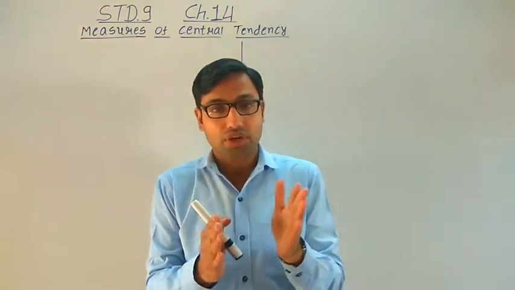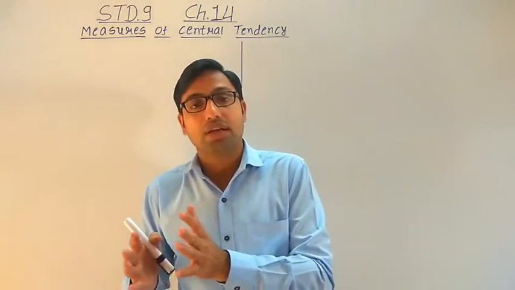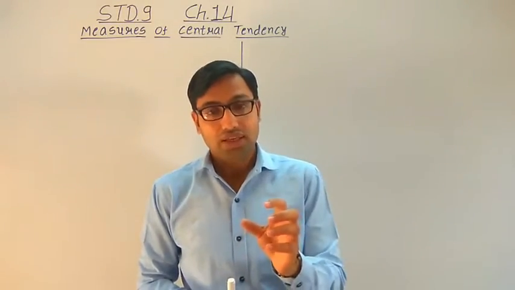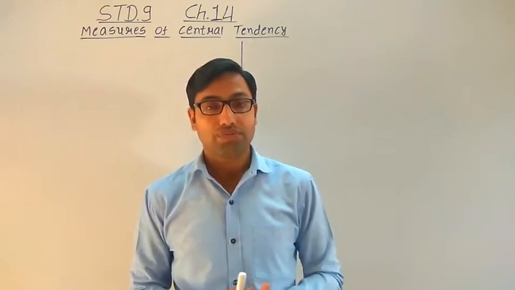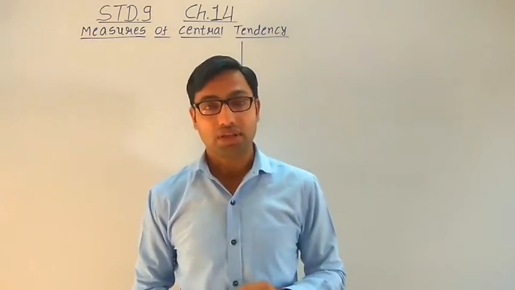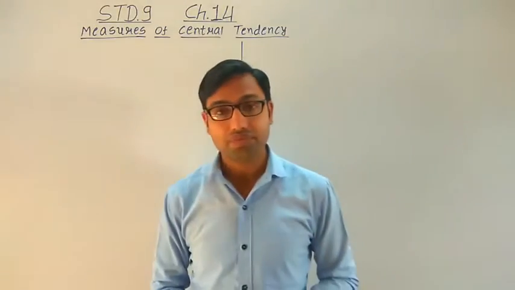In some subjects you have got marks higher than 18, and in some subjects you have got marks lower than 18, right? So these are the measurements by which we can find out what the data around it is, and that is called the central tendency.